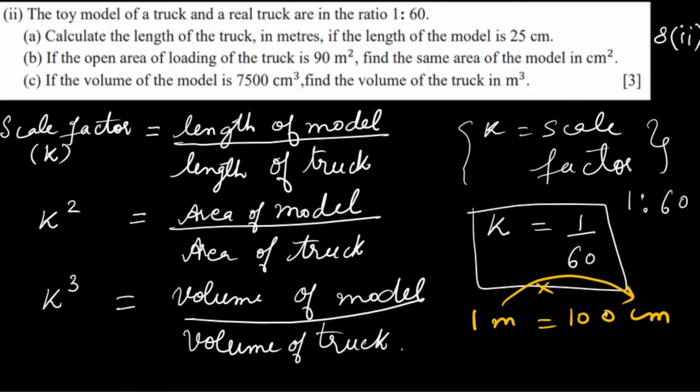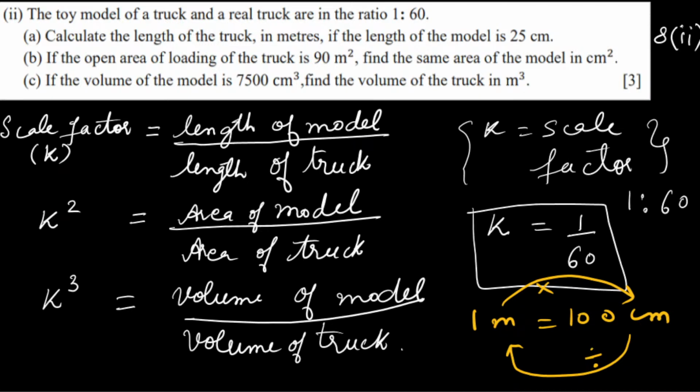So meter to centimeter is multiplication. Centimeter to meter, smaller to bigger, we have to divide by 100. I believe every one of you knows the conversions, still I have mentioned them here.